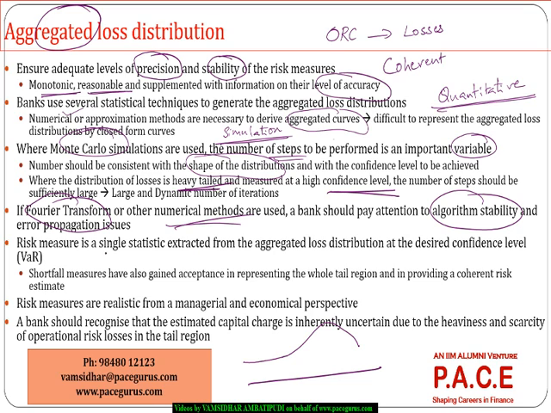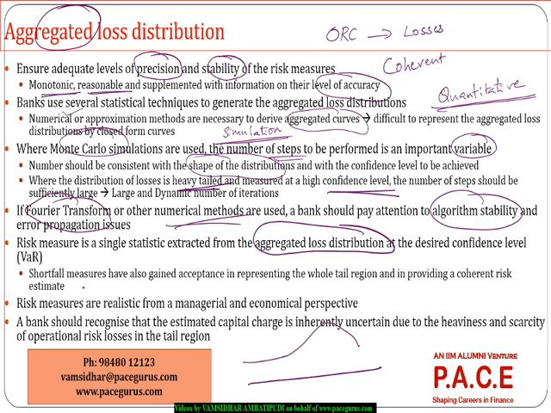And finally, what is the kind of risk measure that we are using? From whatever loss distribution the model has generated, we are trying to identify the risk measure out of it, which is one single value extracted from that distribution at a desired confidence level. Generally, value at risk is the number used for that purpose.